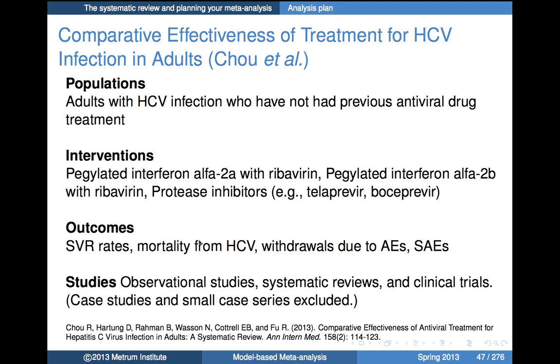Of course, the studies they used included clinical trials, but they also included observational studies and systematic reviews. So essentially, all that they were excluding in terms of their set of studies were case studies and small case series. So that's one example where they clearly define their objectives, the populations, the interventions, the outcomes, and the types of studies.